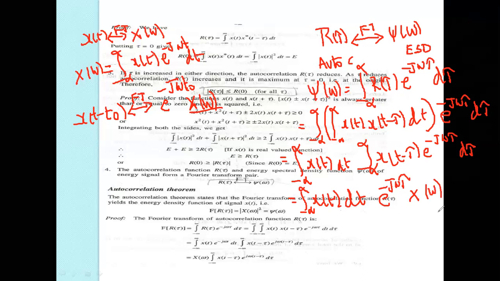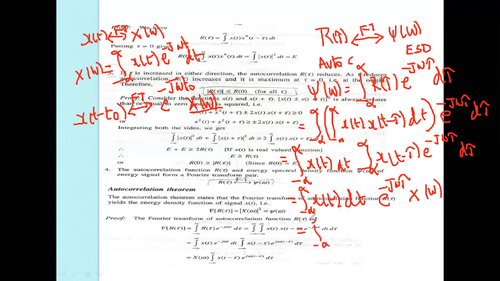Got it, my dear students? What is the left-hand, the other integral here? The integral from minus infinity to infinity of x of t e power minus j omega t dt. It is similar to that, but here it is x of t, not tau, sorry.